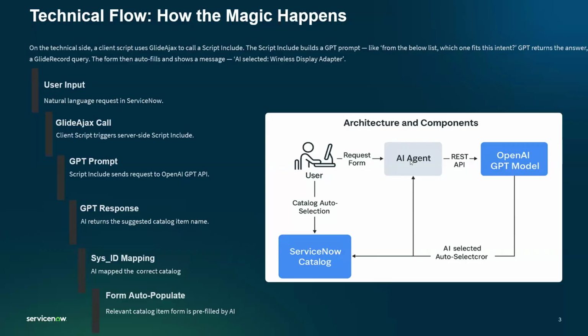Here is a catch: we are building this using the REST API. The agent comes in with the help of REST API, because we have to expose our PDI to the agent using OAuth 2.0 integrations, which is super secure. And then the OpenAI model is going to predict which catalog item you are going to select.